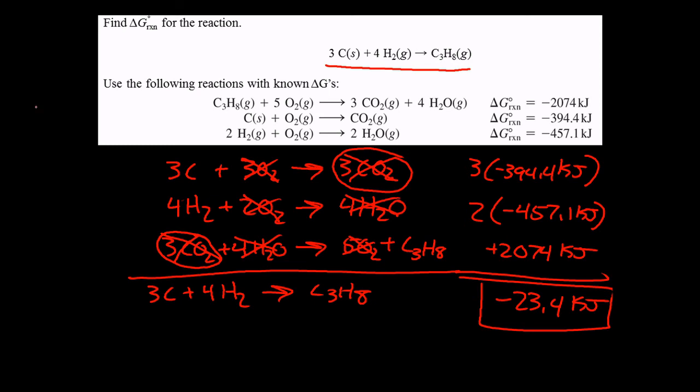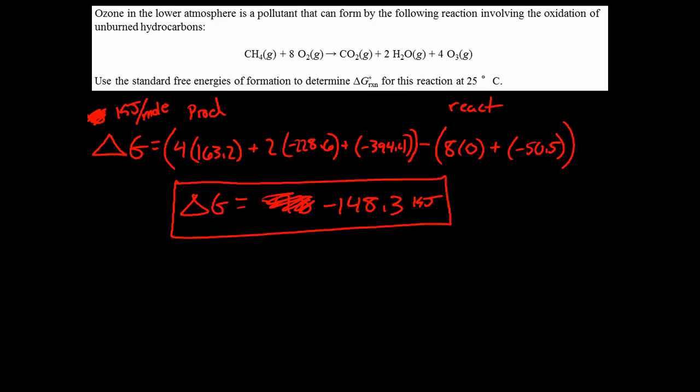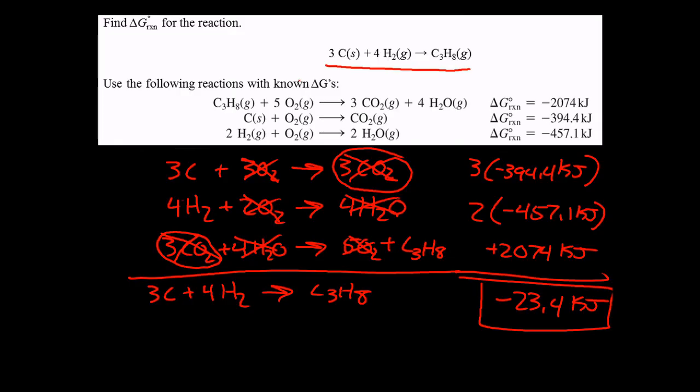Now, thankfully for you, I am much more interested in having you do delta G values this way, using standard values from the table, than having you do it this way. But I did want to still show you that it could be done. It is just like enthalpy. You can actually take multiple equations, add them together, and get the equation that you want.